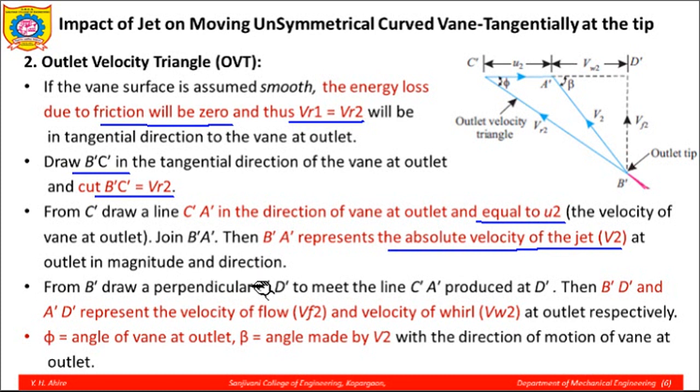From B', drop a perpendicular B'D' to meet the line C'A' produced at D'. Then B'D' and A'D' represent the velocity of flow Vf2 and velocity of whirl Vw2 at outlet respectively. Phi is the angle of vane at outlet, and beta is the angle made by V2 with the direction of motion of vane at outlet.